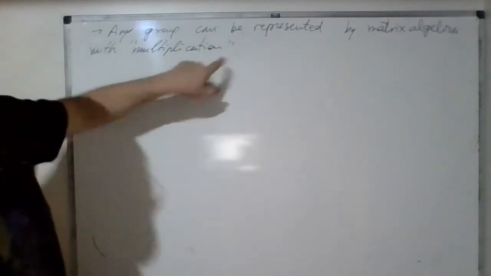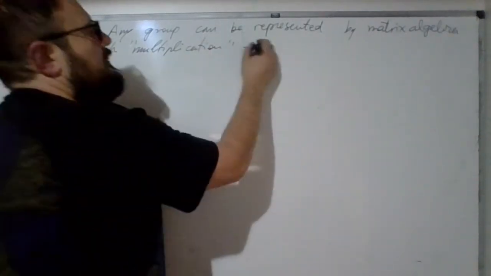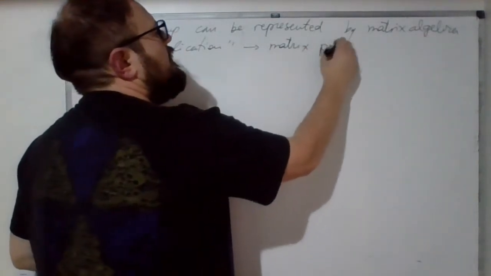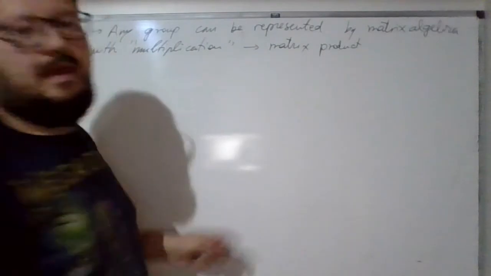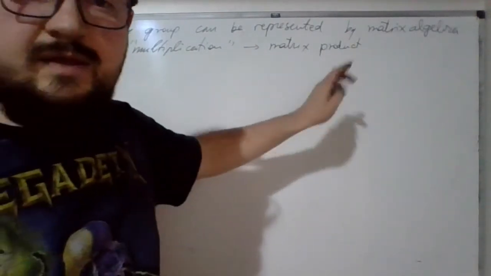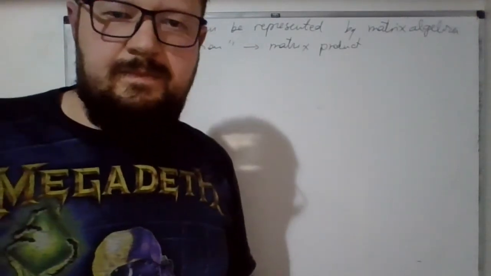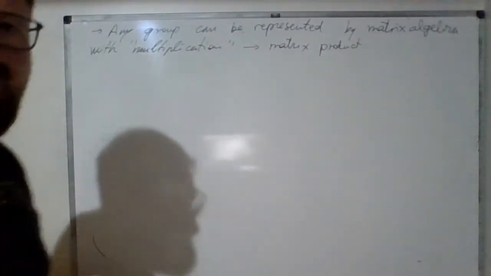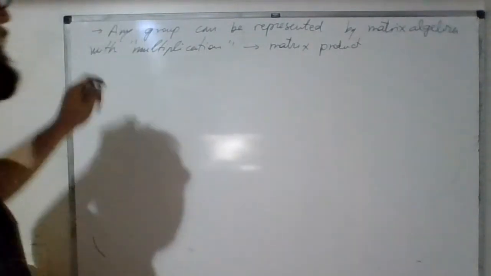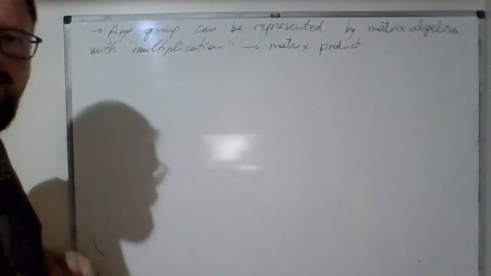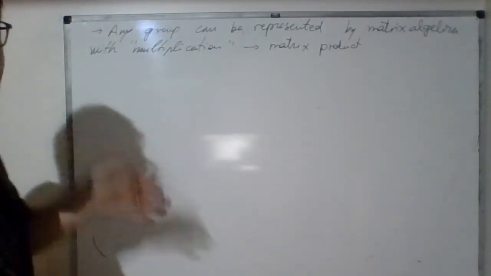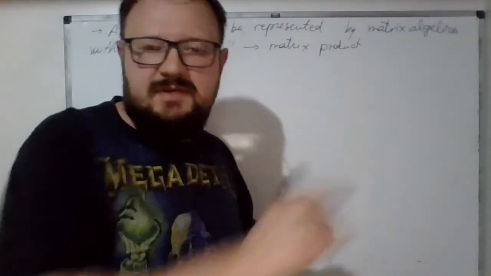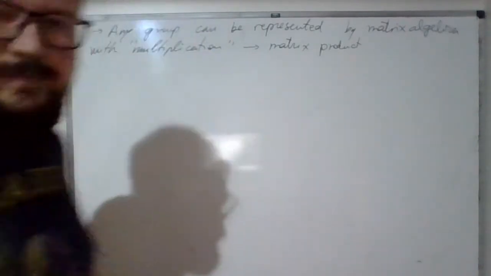The definition of a multiplication is the matrix product. And in particular, you can represent any group by unitary matrices. There is a theorem which states that, all right? But I will not prove that statement. So any group can be represented, the set of elements can be mapped, can be represented by matrices, all right?